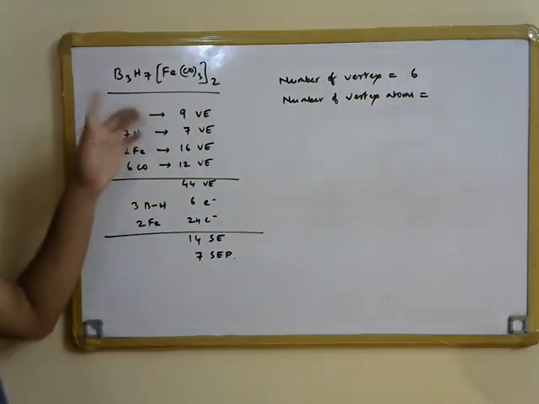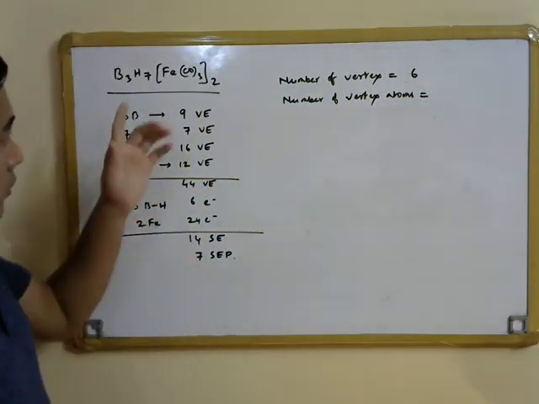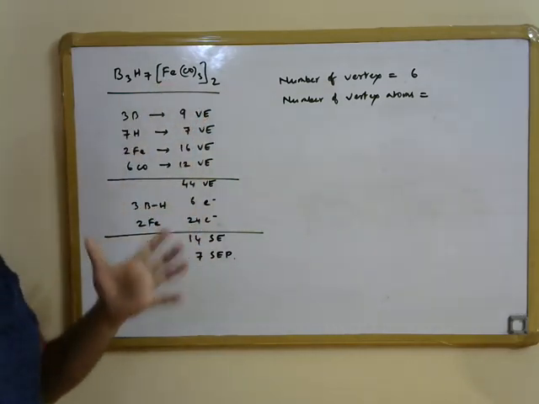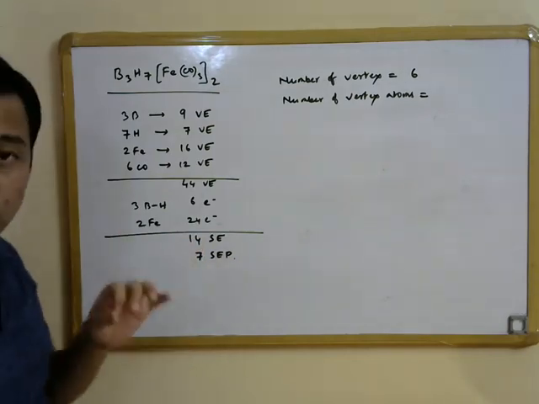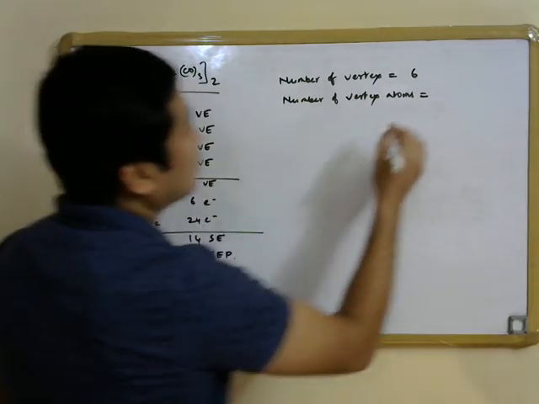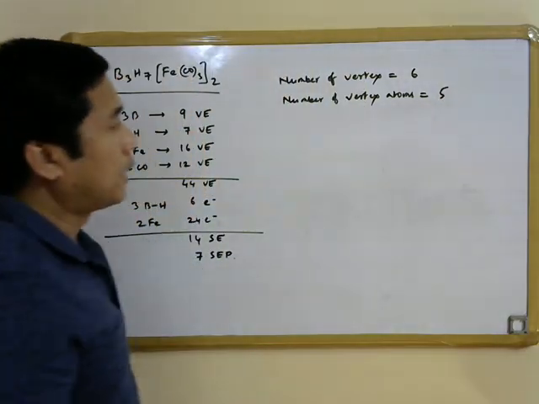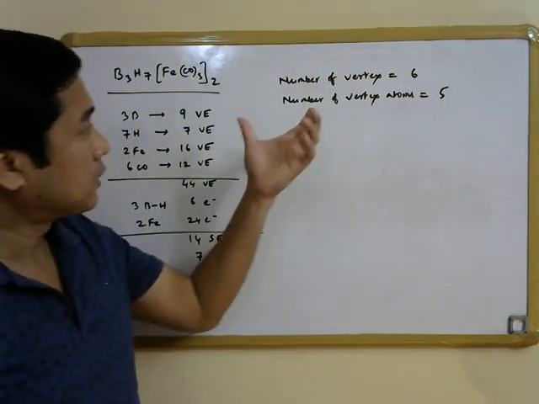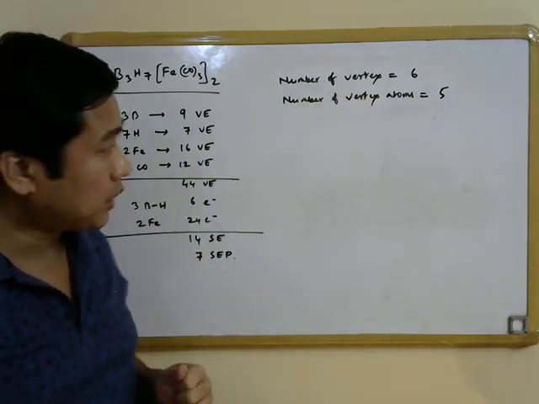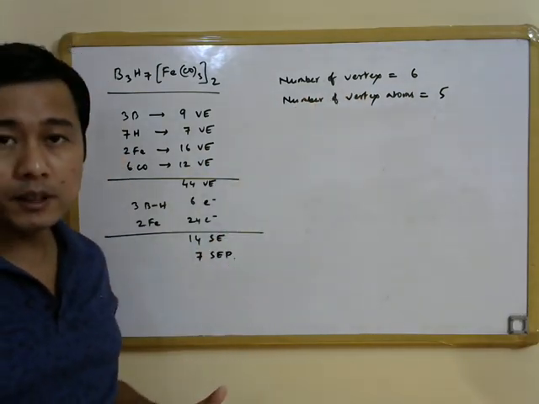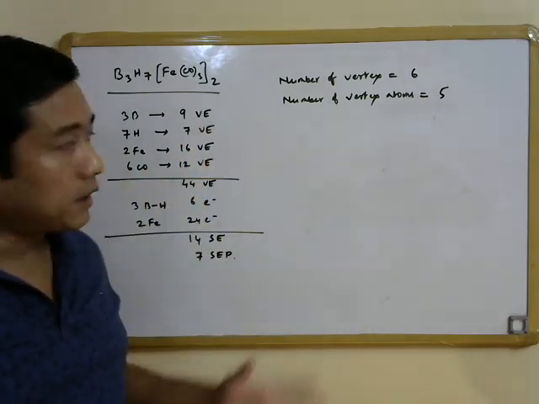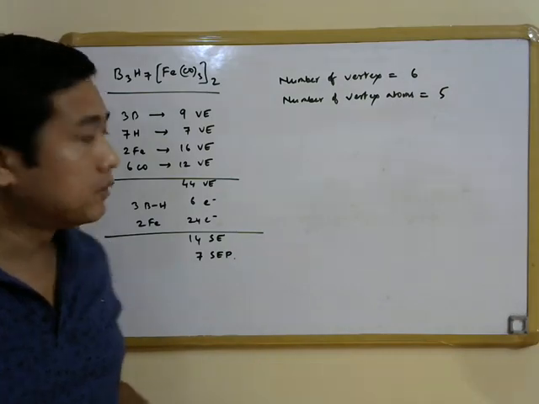There are 3 boron centers which are going to occupy the vertices, while the 2 iron centers from these iron tricarbonyl fragments are also going to occupy the vertices, and that is why total 3 plus 2. So 5 of these vertices are going to be occupied in the octahedral structure. So from the electron counting we can predict that we have a nido structure, as one of the vertices remains empty.